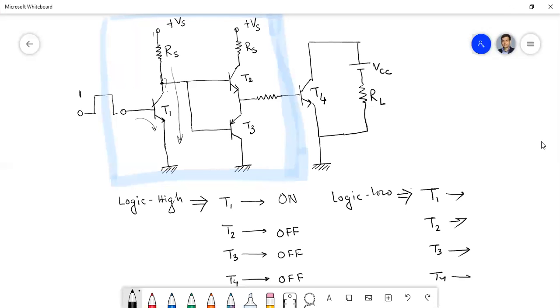Okay, so let me ask somebody else. Soham Chatterjee, can you answer this?